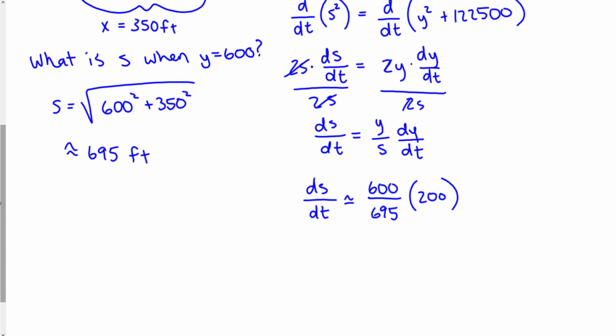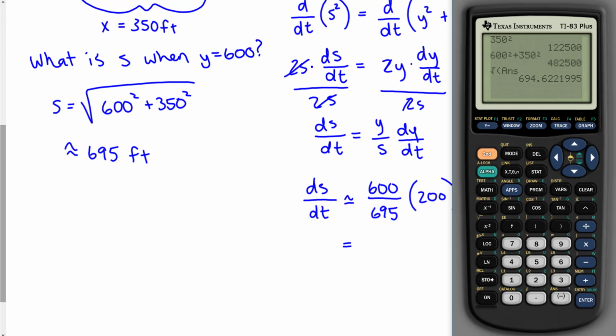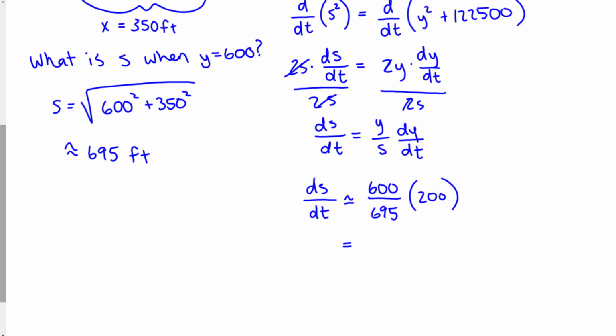So that gives me an answer of, take 600 divided by 695 times 200. So about 173 feet per minute. So he's changing at about 173 feet per minute at that particular instance in time.